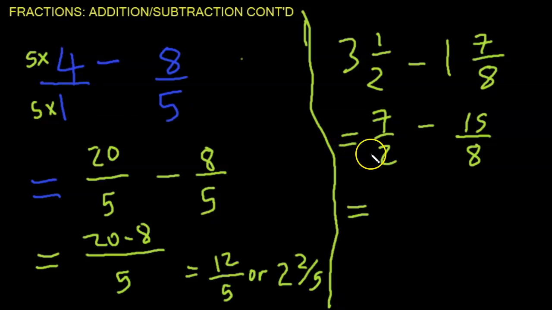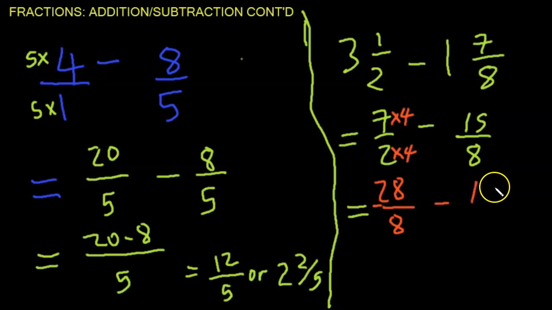So we need to convert the denominator of 2 to a denominator of 8. And how can we do that? We can multiply it by 4, of course. And we need to do the same to the numerator. So 4 times 2, that's 8. 4 times 7, that's 28. And this is 15 over 8.